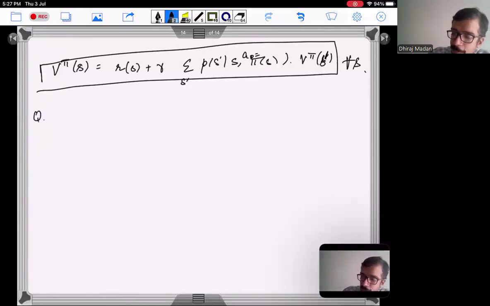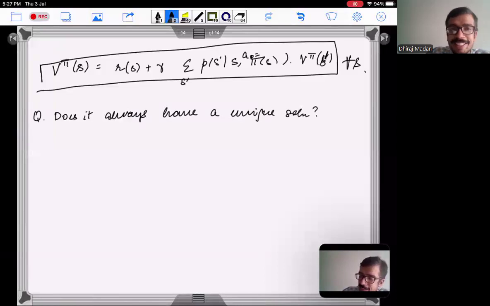The question which comes up is, does it always have a unique solution? First of all, does it even always have a solution? And if so, is it a unique one?